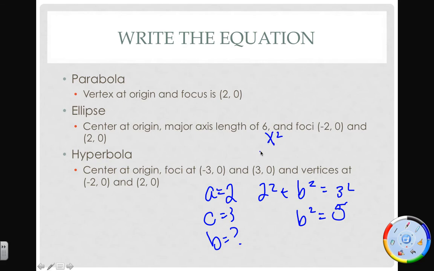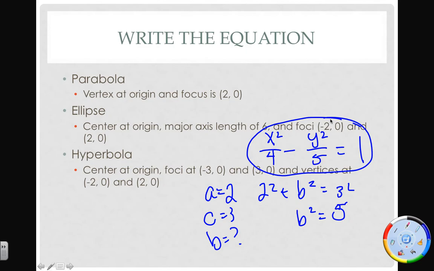I know it has to be x squared over a squared, so it's 4. So you notice that a is not bigger than b in this case. It's very important that we understand that. I mentioned that a minute ago. Minus y squared over b squared, which was 5, equals 1. There's your equation. Ta-da! Not super hard for most of us. Some of us are going to struggle, but I hope we're all there to help each other out.